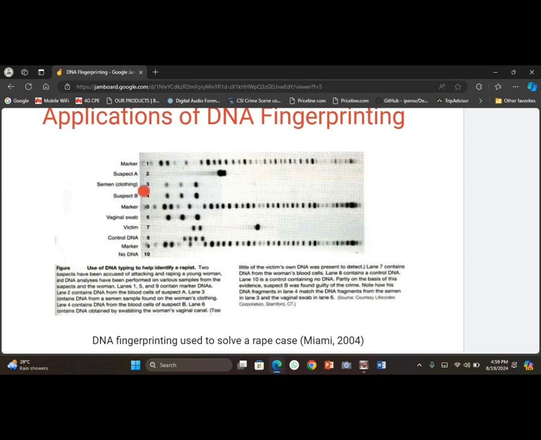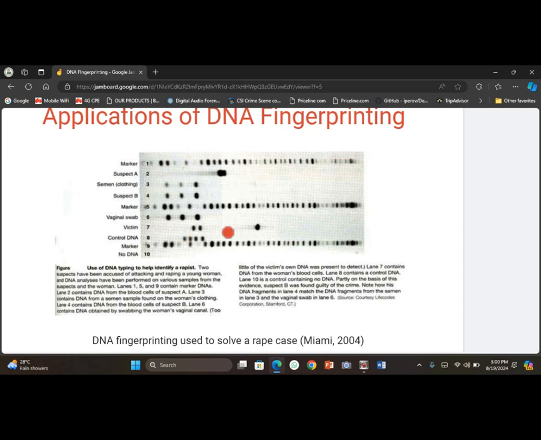Now, from suspect A, we have this. So this one didn't match this one, so it couldn't have been him. Then from suspect B, this is what we have. Can you see that it matches this one? Look at it, 4 and 6. Then the semen from the cloth has the same pattern. Look at it.